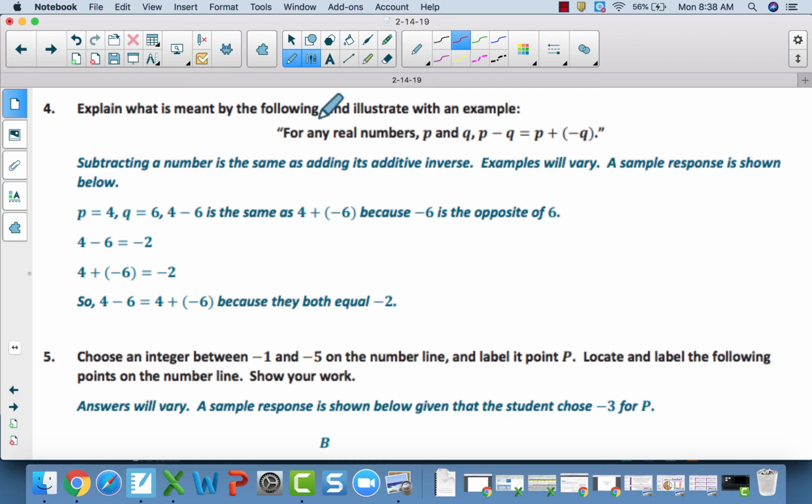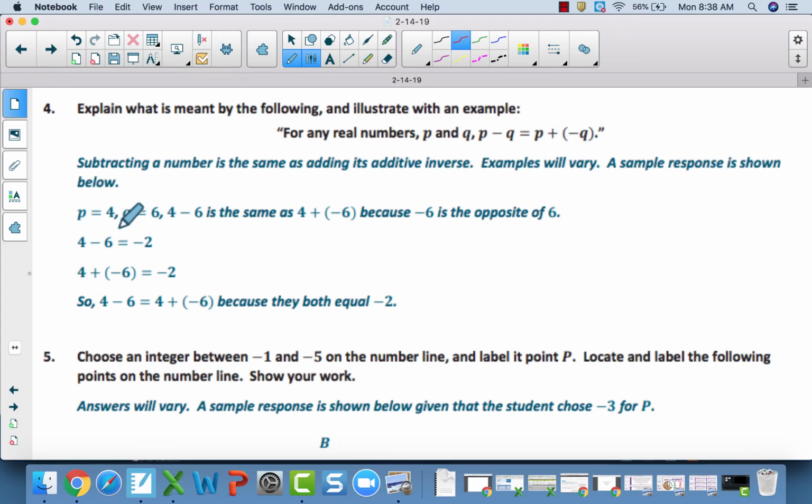4, what this means, and it can look a little complicated, but this is essentially our subtraction rule, okay? Subtracting a number, P minus Q, any numbers, is the same as adding its additive inverse, or its opposite.